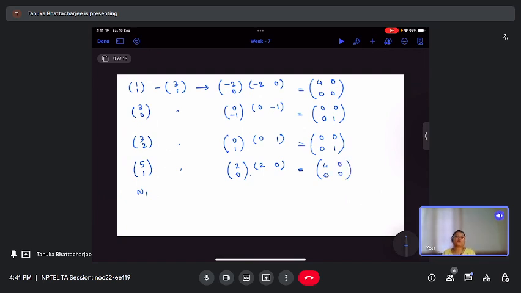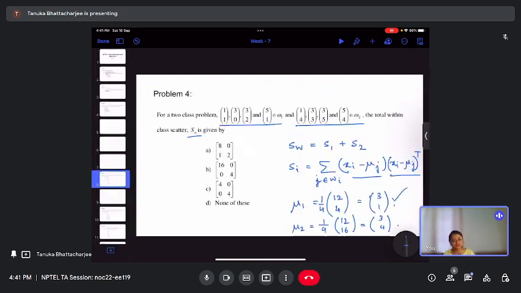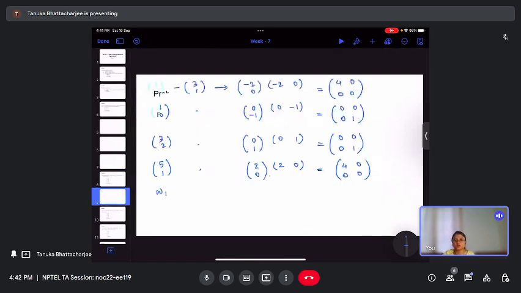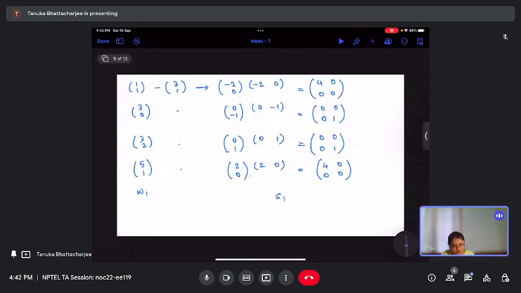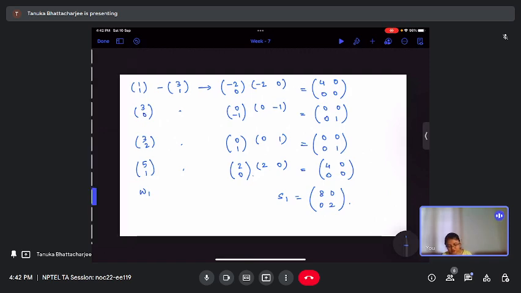These are the 4 outer products. Now, according to this formula, you just need to sum these outer products over all samples belonging to the particular class. So, you will get S1 as [[8,0],[0,2]]. This is the intra-class scatter for class omega 1. Similarly, we will do it for class omega 2.